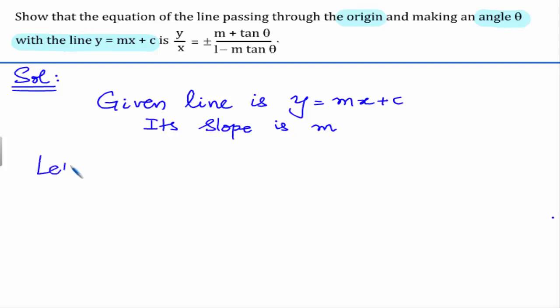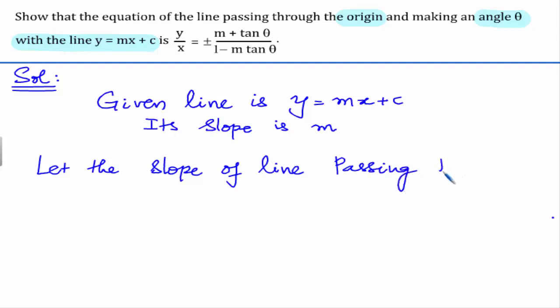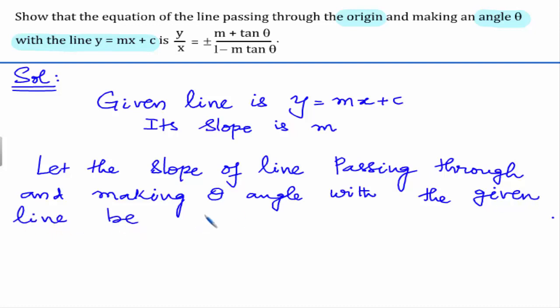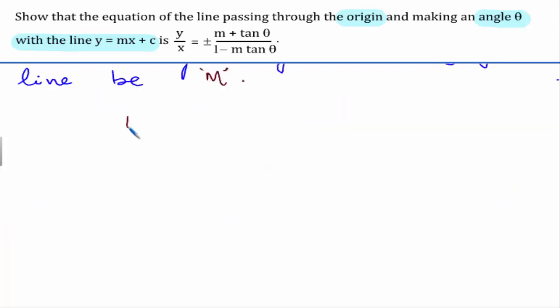Now let the slope of the line passing through origin and making theta angle with the given line be assumed as capital M. Now we know that tan theta is equal to capital M minus small m by 1 plus capital M small m.